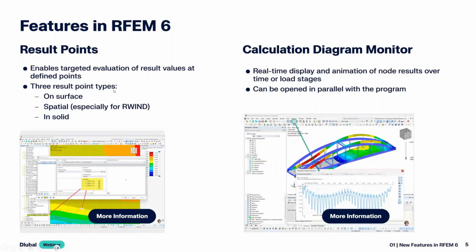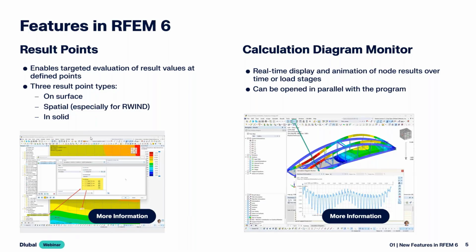Let's start with the features in RFEM 6. First, the result points. You can set such result points very easily on surfaces, solids, and also in the space for our wind.